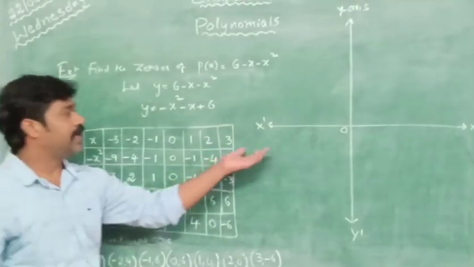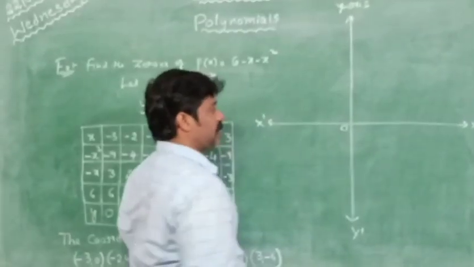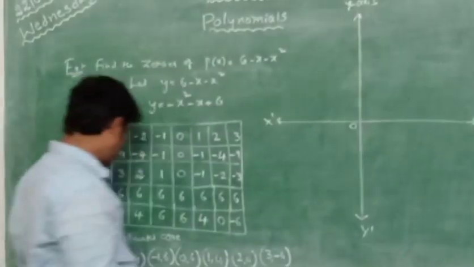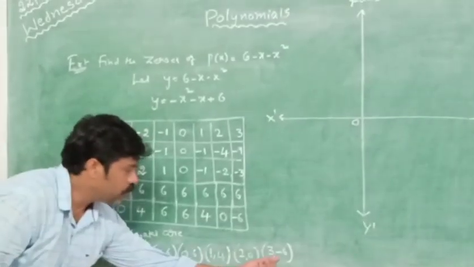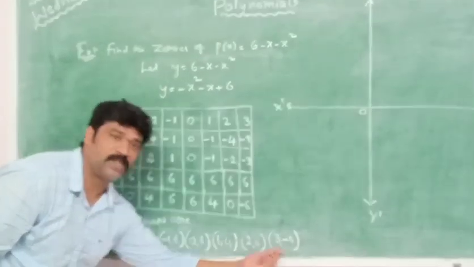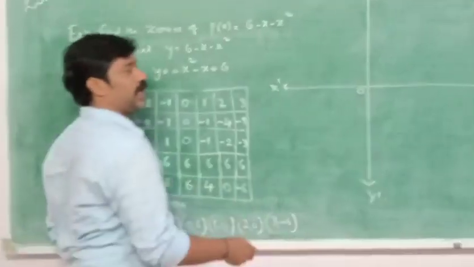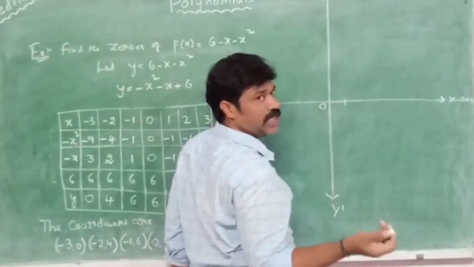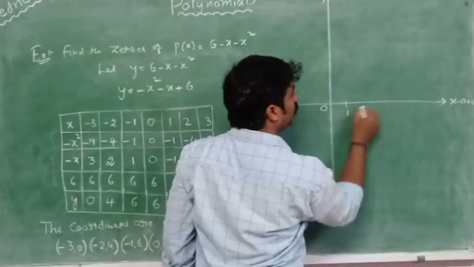Now take the real numbers on the x-axis and y-axis. If you observe here, the maximum positive x value is 3 and the negative value is minus 3. So on the x-axis, we can take 1 centimeter equal to 1 unit.